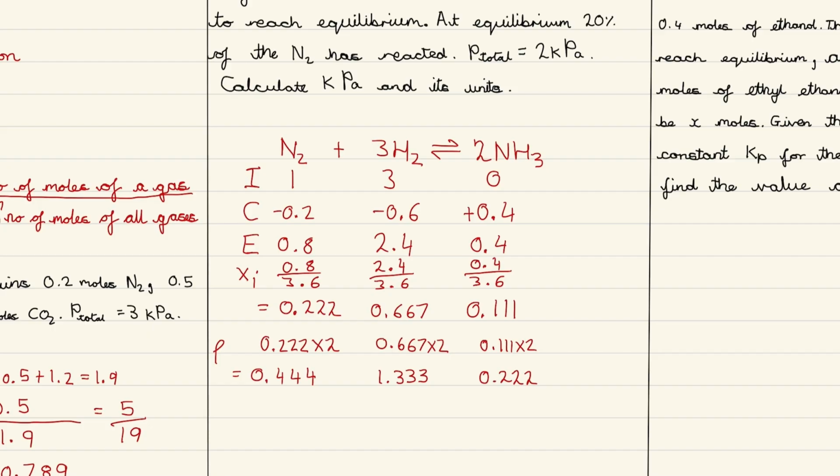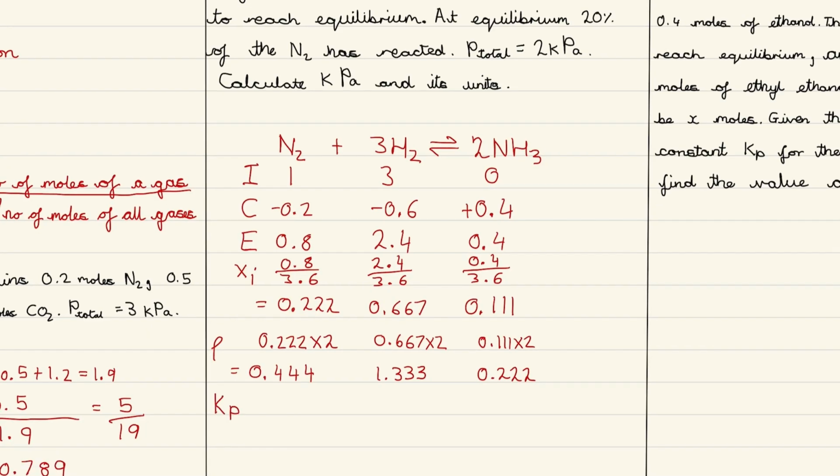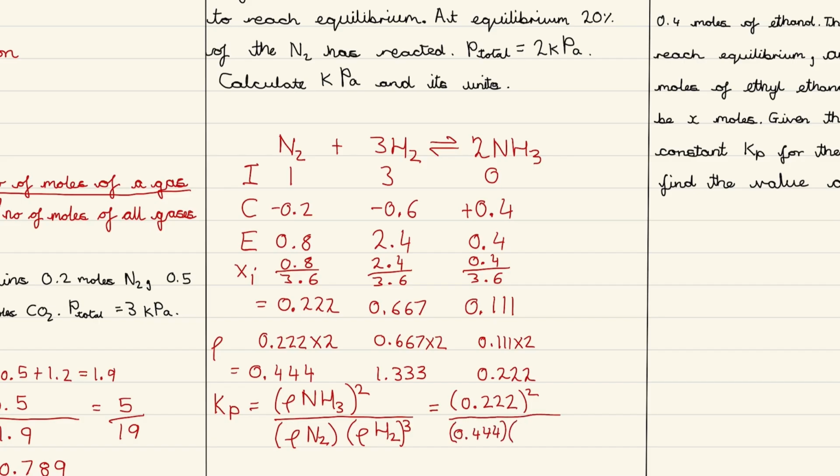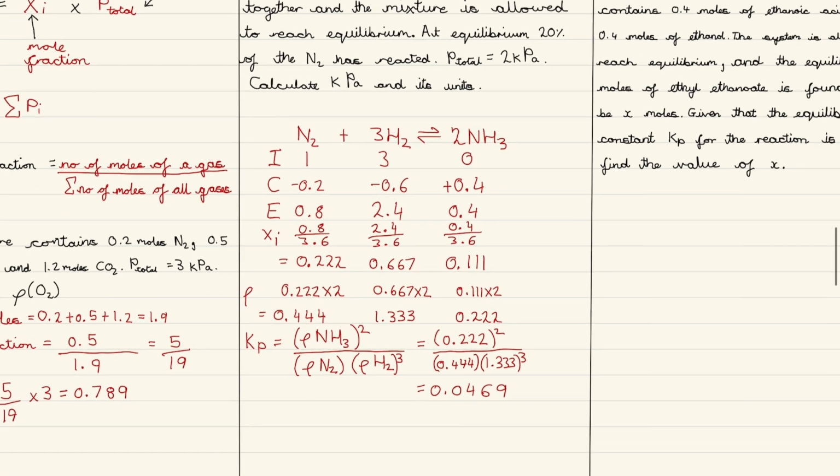And then I'm going to sub all of this into the Kp expression, and that gets me 0.0469. And to work out the units, I'm going to do the number of moles on the right hand side, which is 2, take away the number of moles on the left hand side, which is 4. So I get minus 2 from that. So my units are kPa to the minus 2.